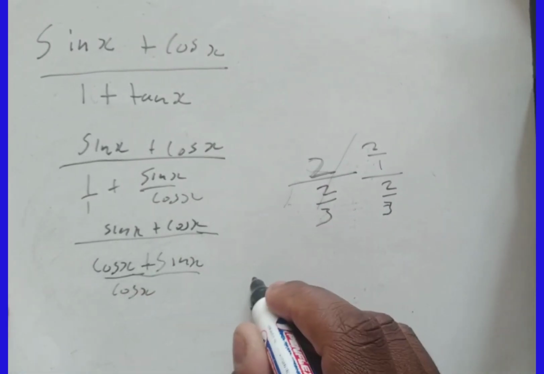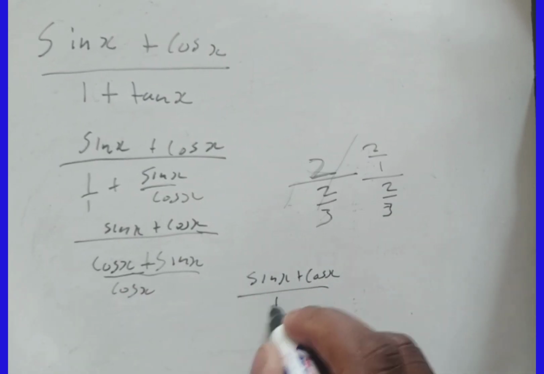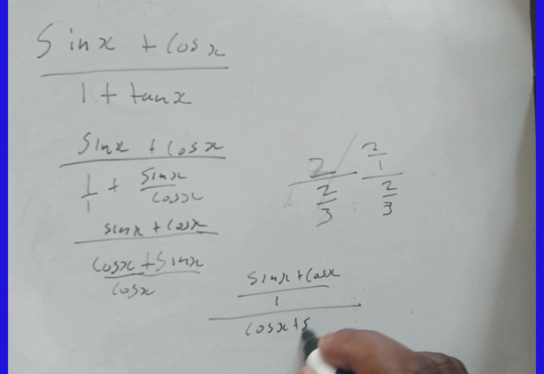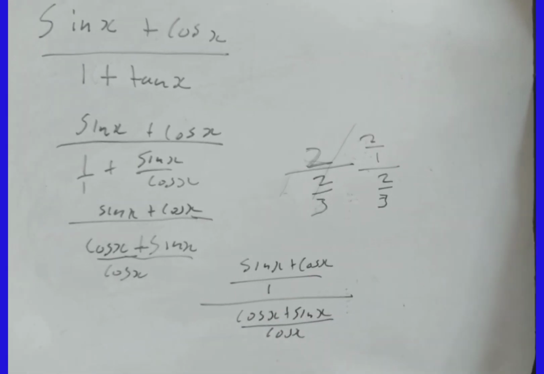We'll say sine x plus cos x over 1, all divided by cos x plus sine x over cos x. And then you know what to do here, right? We tip and times.